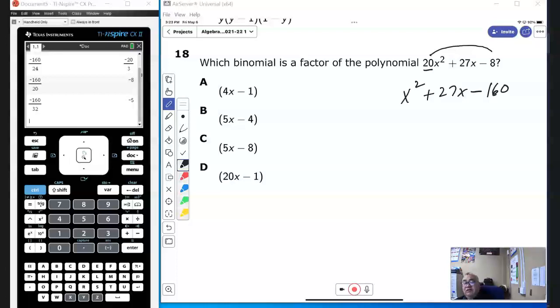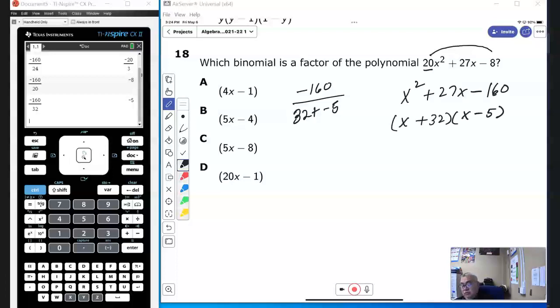And you've got to find the factors of negative 160, and I went ahead and did that earlier. So we have 32 times negative 5. 32 times negative 5 gives you negative 160, and 32 plus negative 5 gives you 27. So you have x plus 32 times x minus 5.